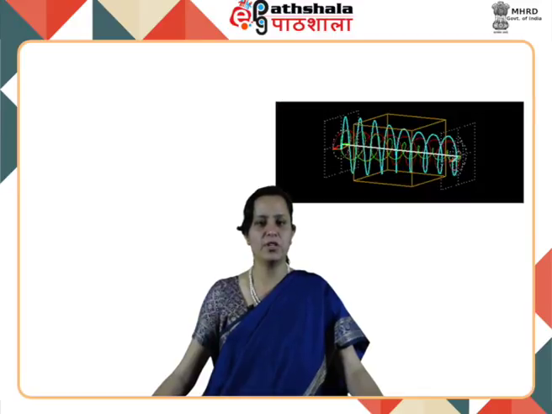The following animation shows what happens when a plane polarized light wave, indicated in light blue, traverses a medium that does not slow down the left circularly polarized component, shown in red, of the wave at all, but slows down the right circularly polarized component, shown in green, somewhat.